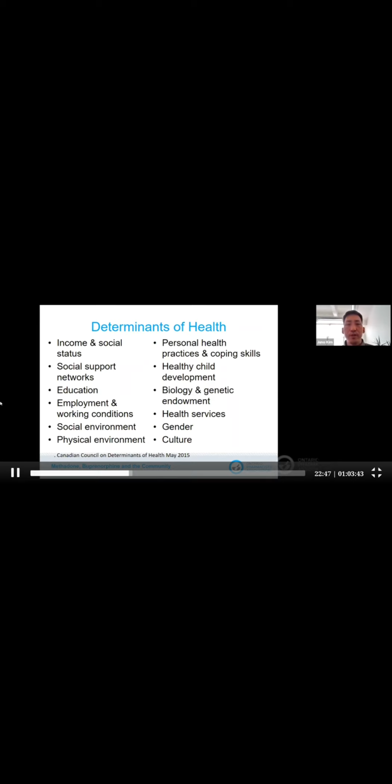Okay, so in terms of determinants of health, these include things such as income and social status, education, employment, social environment, physical environment, gender, and culture.